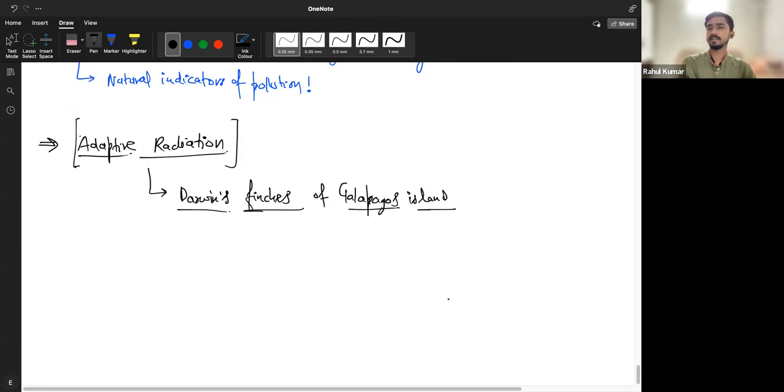Now that's quite interesting, right? Why would you have different varieties of the same bird on the same island? How can it happen? It must not have happened here only, and now I am finding them at the same place because they can fly and come, and I can see all of them. But under the same conditions, this is not possible, right?